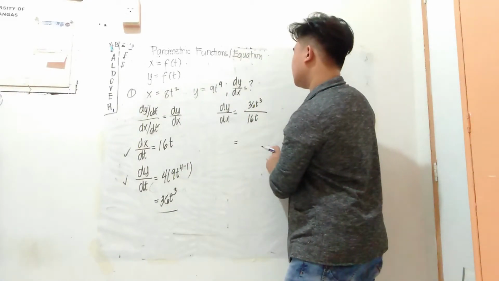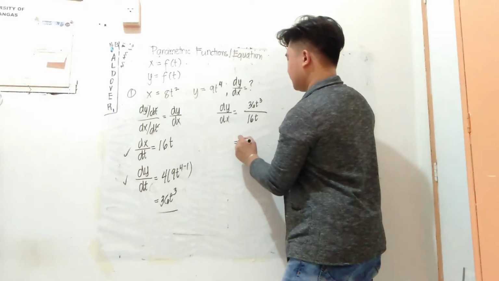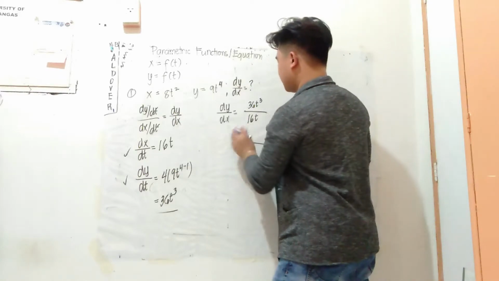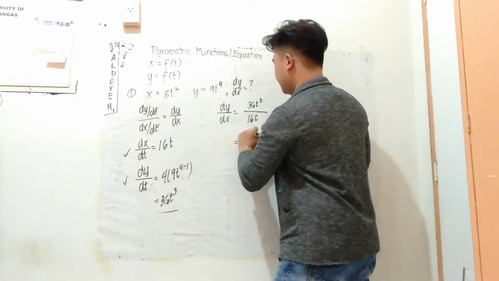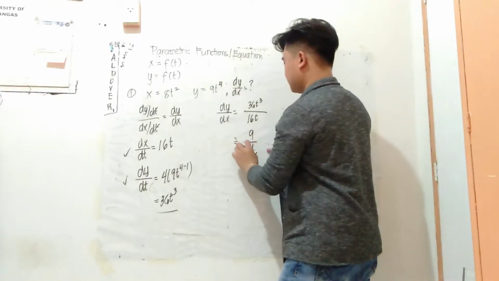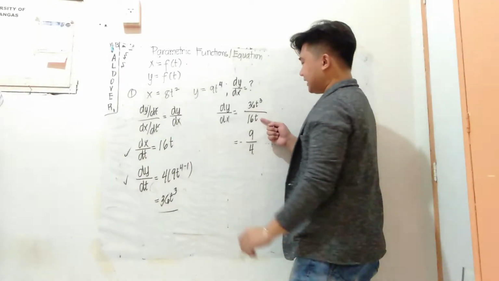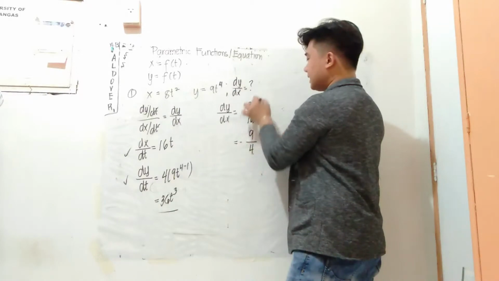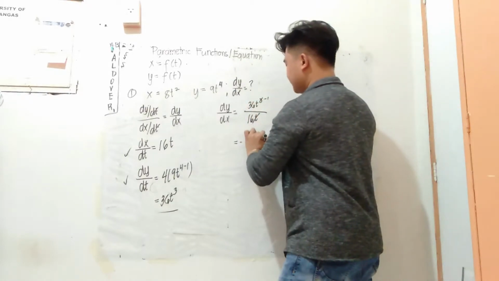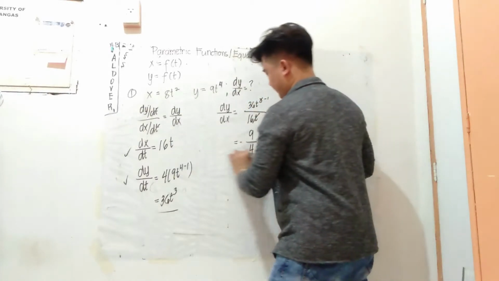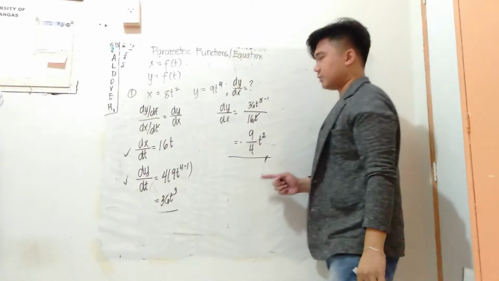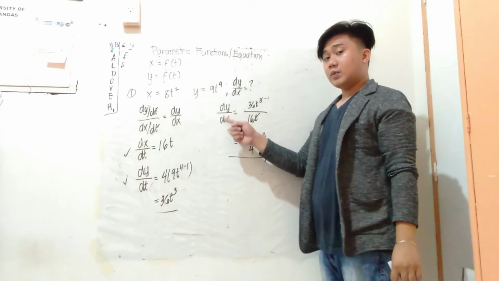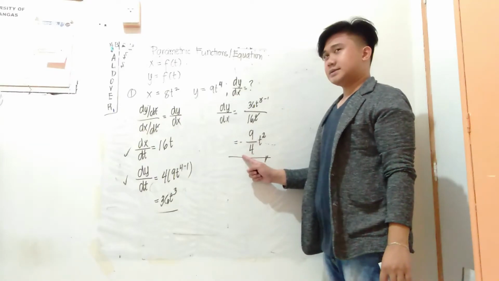So, ang common factor nila ay 4. So, this will become 9 over 4. Tapos, t cube over t, mawawala na to, tapos minus 1 lang, this will become t squared. And this is the value of our derivative of y with respect to x.